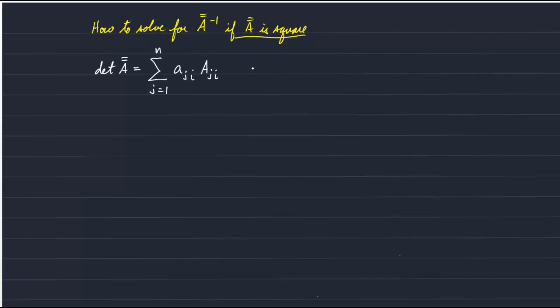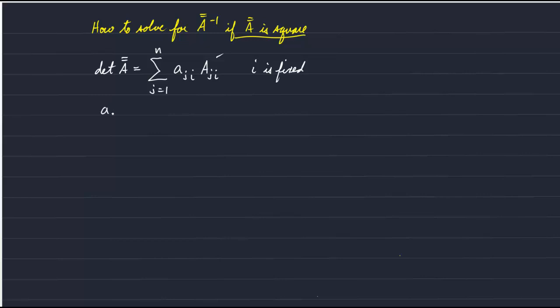And so the first part is the element ji of the matrix times the cofactor of element ji. And here i is fixed. So again, this is a sum over n numbers with i fixed, which is the product of element ji and cofactor ji. So let me write that down.